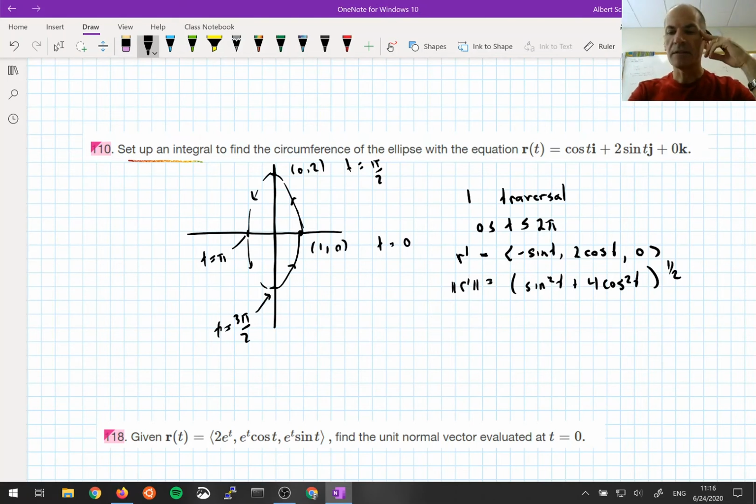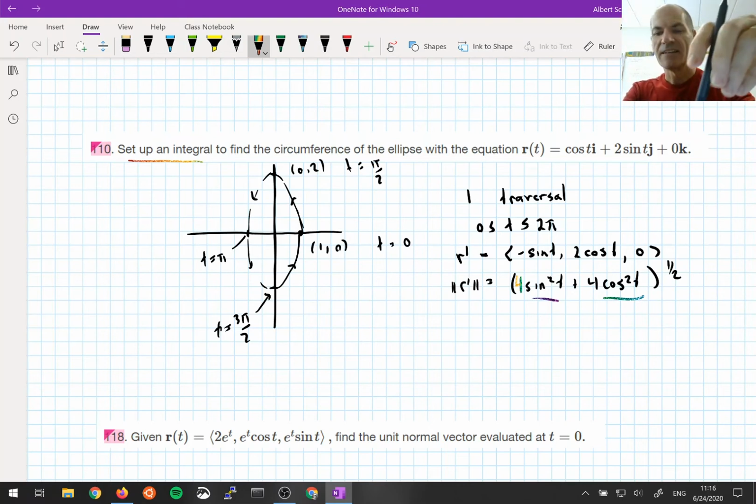Now, you can't get carried away with Pythagorean identity. I could pull out my rainbow pen here and underline these, but it's not going to help. I don't have a 4 here, right? And so I cannot apply the Pythagorean identity.